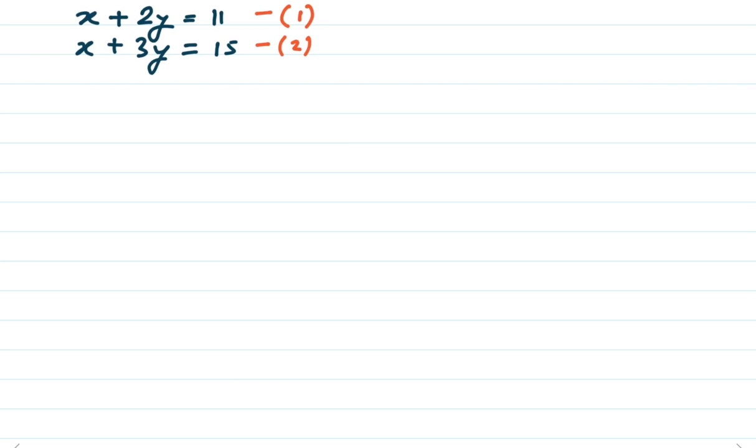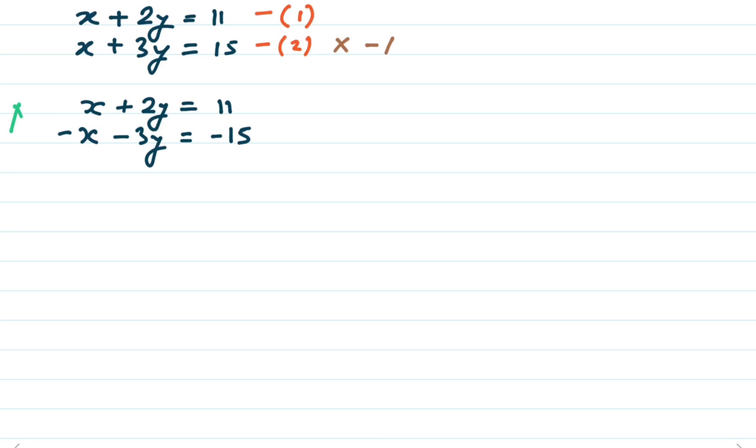So I'm going to do addition, but before I do addition, I'm again going to multiply my second equation with the number -1. So my first equation remains the same, x plus 2y is equal to 11. My second equation changes to -x, -3y is equal to -15.